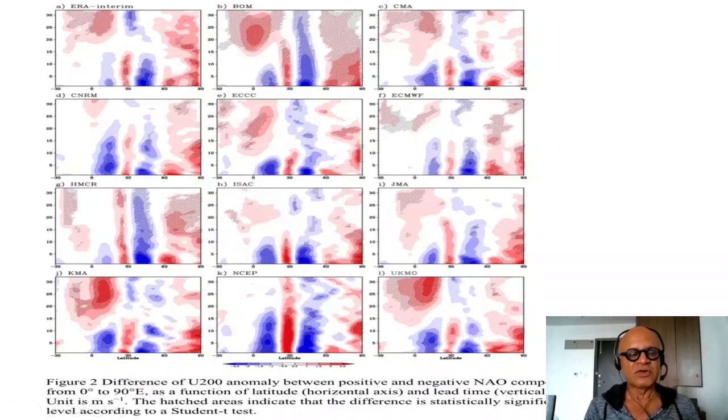So we are basically going over Africa into the central Indian region, as a function of latitude on the horizontal axis and lead time on the vertical axis.